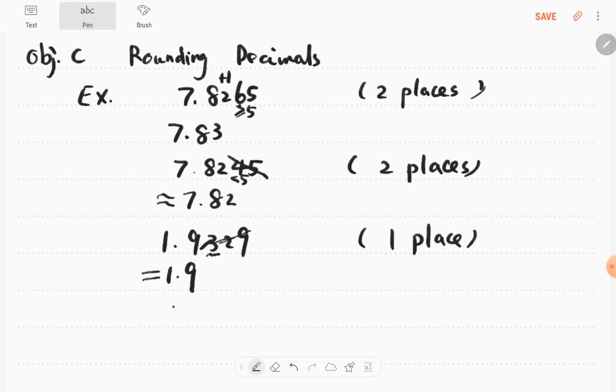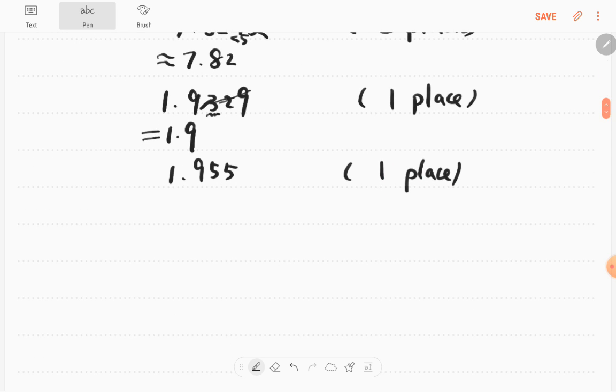Okay, but if we have this one, and we still want to round it to the nearest 10th, which means our final answer will be 1 decimal place. So we check the second decimal place. It will be 5, right? It is greater than or equal to 5, so we need to drop this, but need to add 1 to this, so it will be 10.